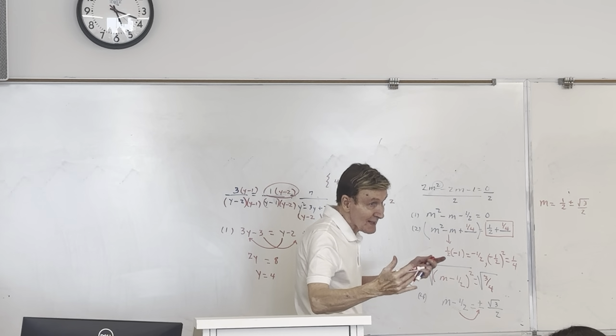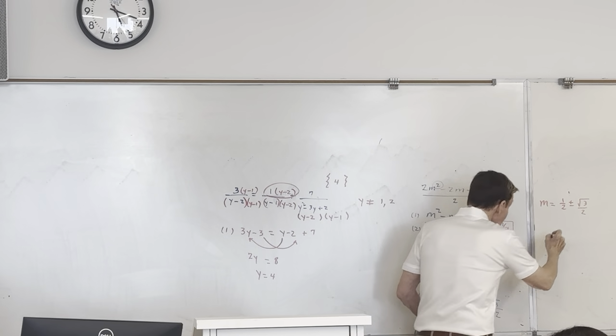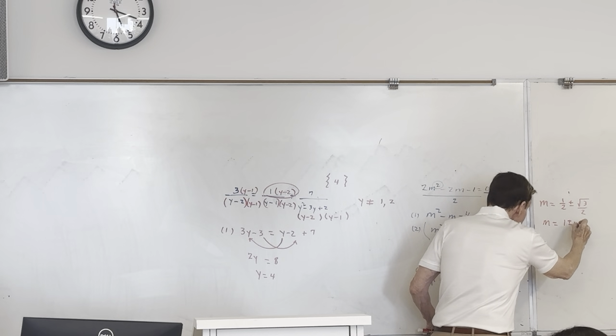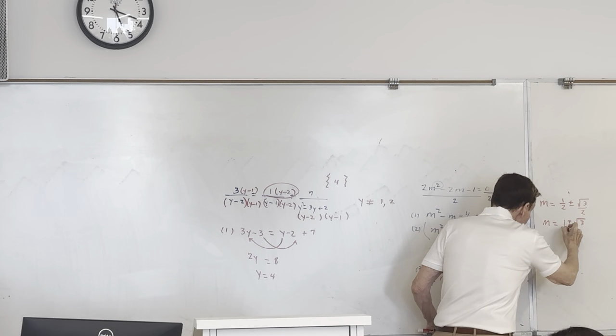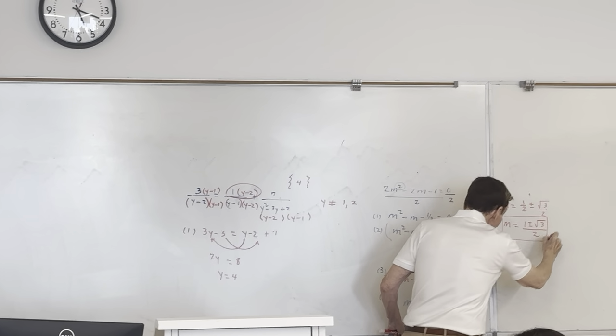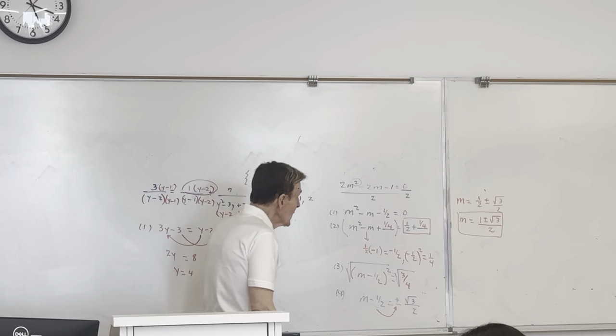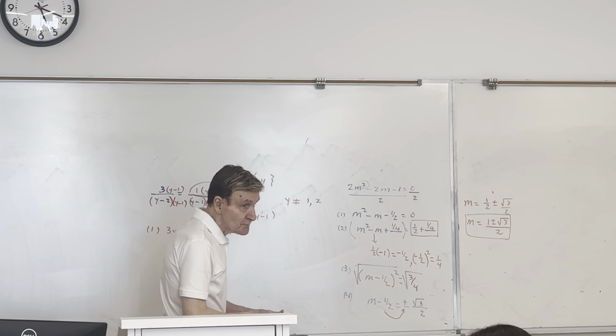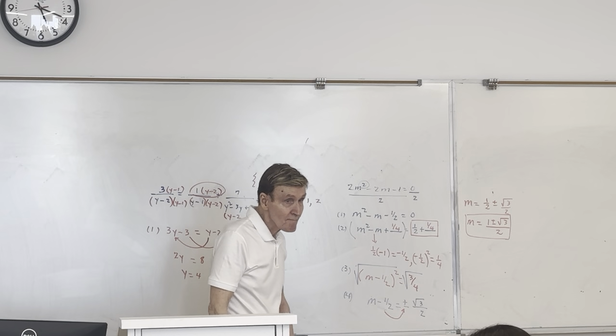I would express it like this. That's the answer, or answers. I think it looks better like this: 1 plus minus radical 3 all over the common denominator of 2, and let that serve as, if we have no mistake, the answers. And we did it by completion of the square. Are we okay with that?